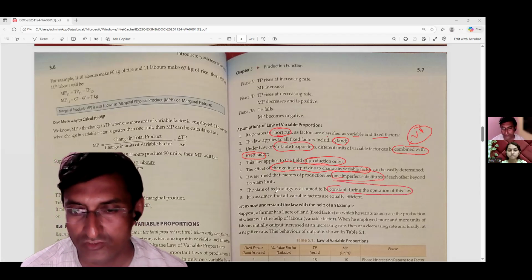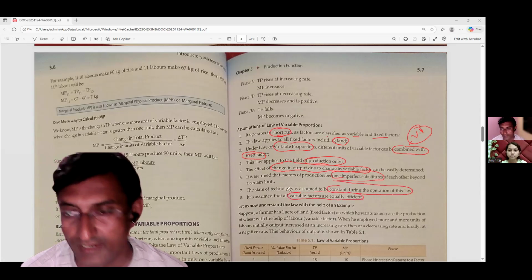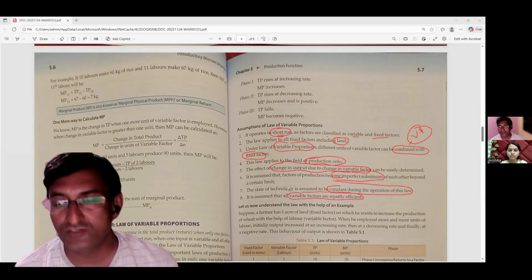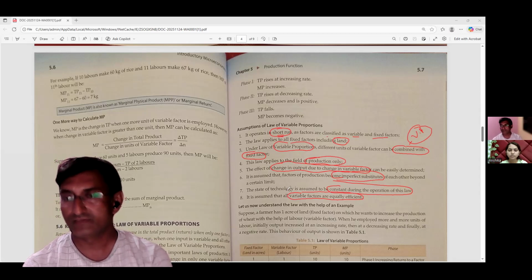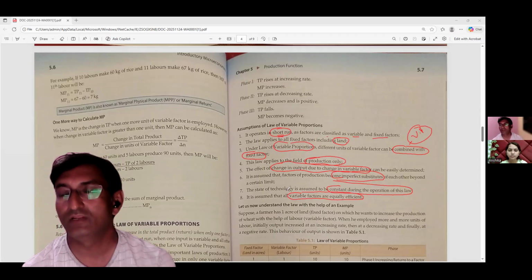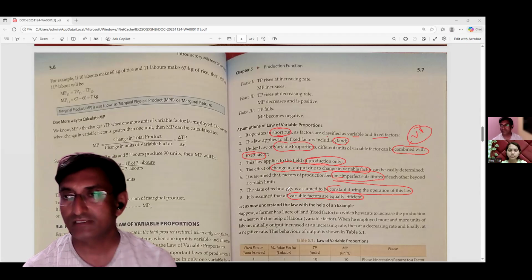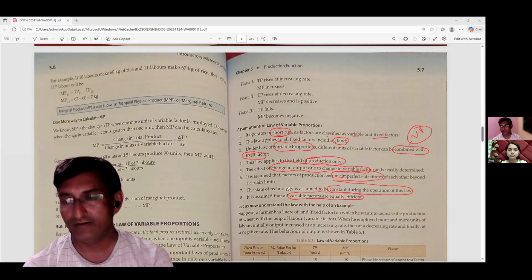These are the assumptions. It is assumed that all variable factors are equally efficient. Factors here means only variable factors, not fixed. All variable factors are equally important and equally efficient. We cannot say labor is more important than the other variable factors.